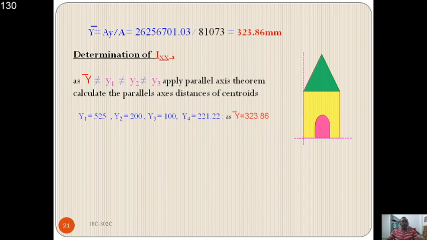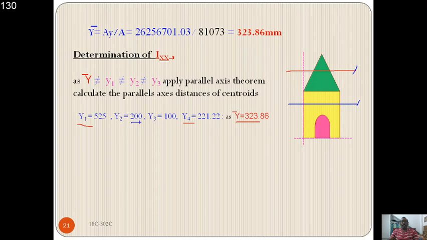Here the y values go up to y4. Y bar is 323.86, but y1 is 525. Y1 is located here and y bar is located here. This is the y bar. So this distance is required, and we employ the parallel axis theorem.